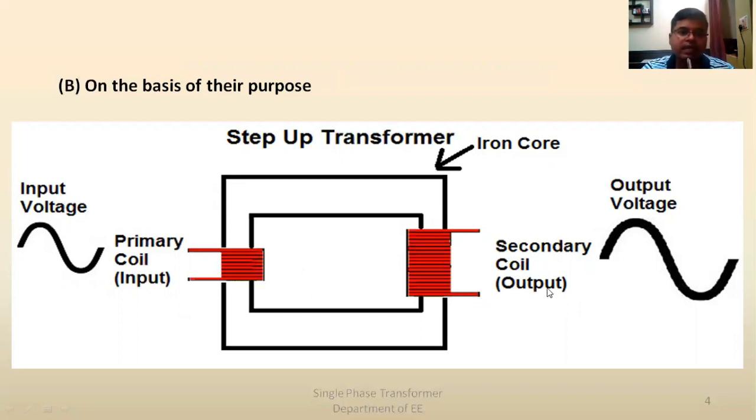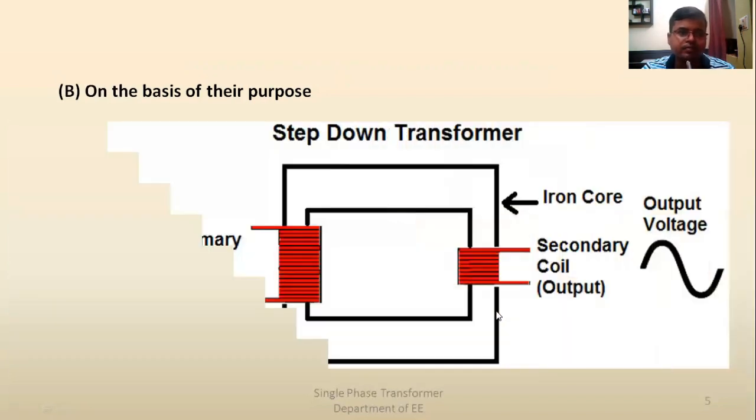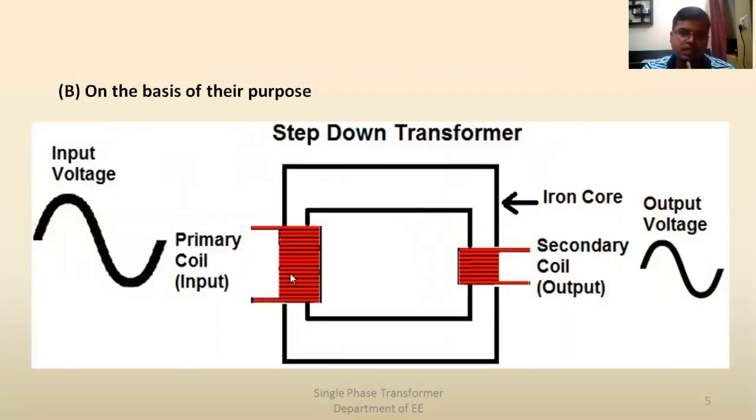So here we can clearly see that whatever voltage we apply here, the voltage level at this output side will be more, right, its magnitude will be more with respect to this one. So this is step up transformer, okay. Now next, step down transformer. See here, the primary coil has more number of turns with respect to the secondary coil.